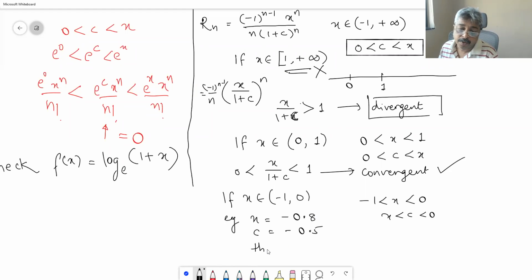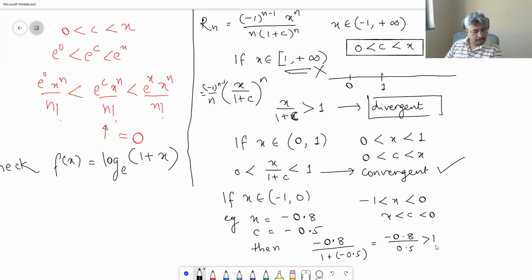Then -0.8 upon 1 plus -0.5 is equal to -0.8 upon 0.5, which is... no, which is not greater than 1.